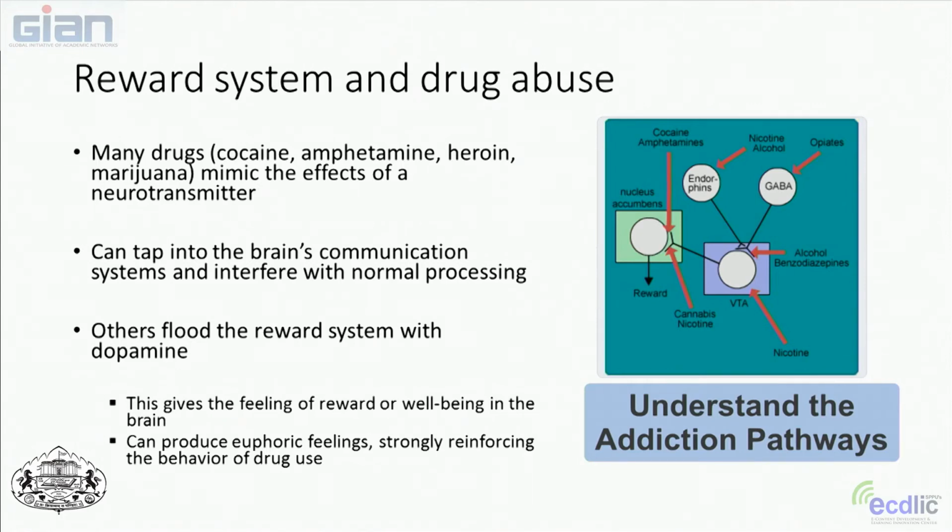If you look at the picture there, you can see different drugs work on different neurotransmitters, and they all can tap into this reward system and make somebody feel rewarded or feel good without actually having to do something that would really make you feel good or rewarded, like, for example, exercise.